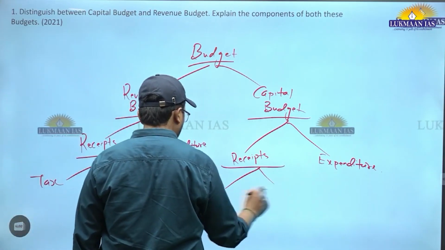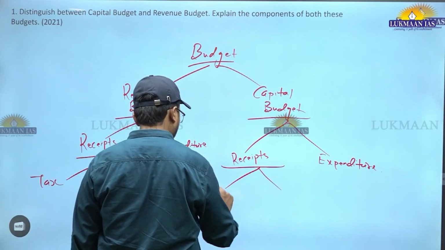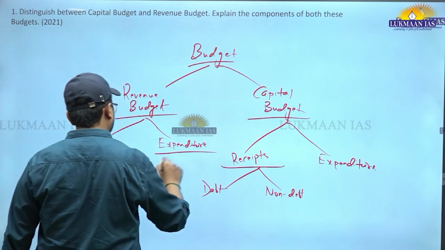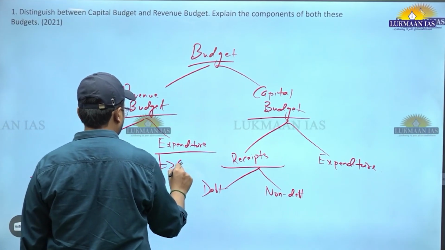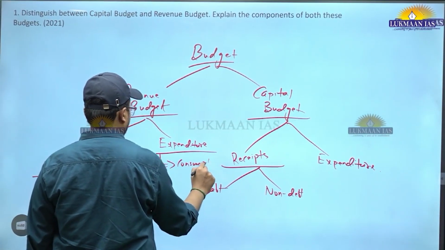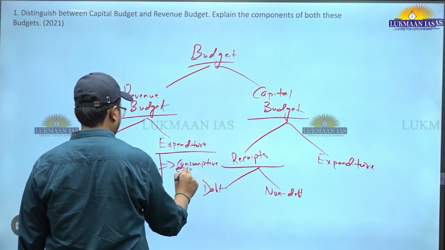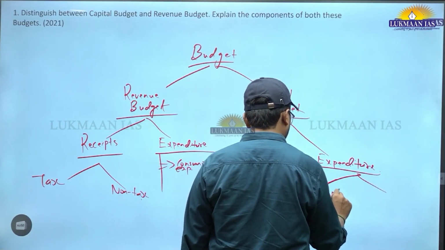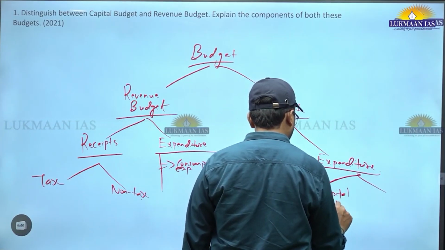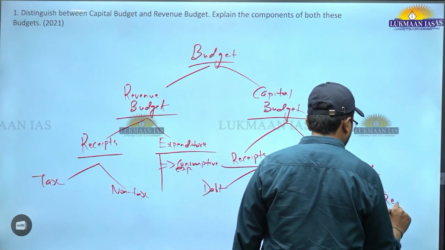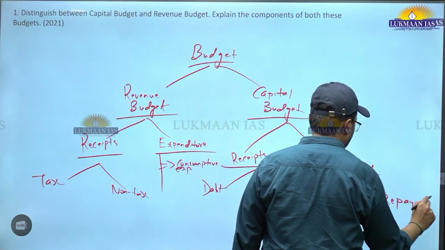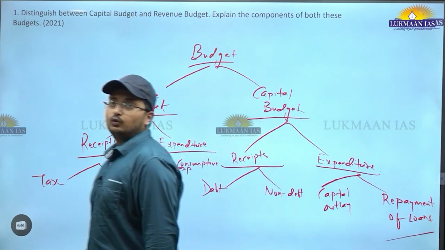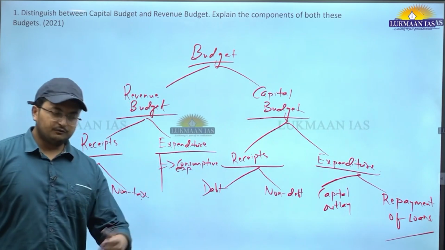Within the capital receipts, it could be debt creating and non-debt creating. Within the expenditure, there is consumptive expenditure. Under capital expenditure, first is capital outlay and second is repayment of loans. So this is the whole idea behind the different components of the budget.